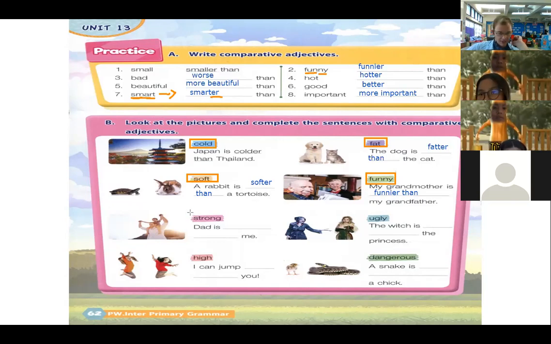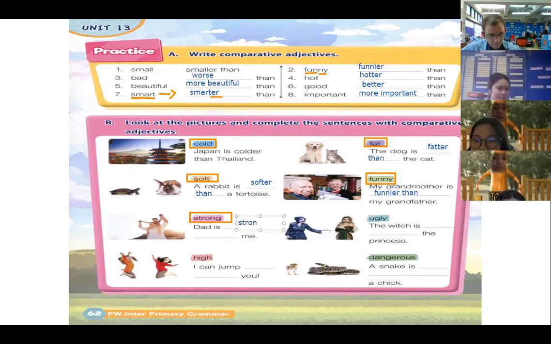Let's look at them. The next one is strong. My dad is strong. Me. What is the word for strong? Stronger. Excellent. How do we spell stronger? S-T-R-O-N-G.